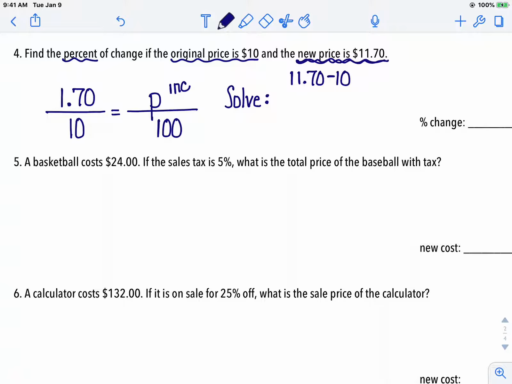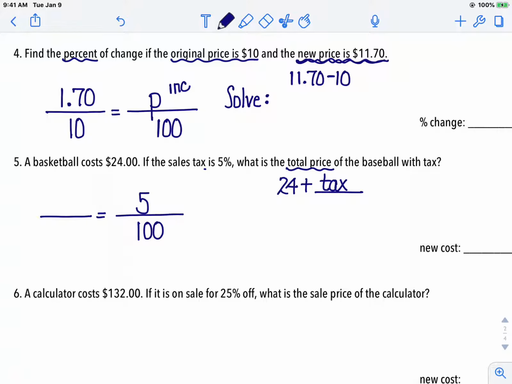Number 5, it tells you what a basketball costs. That's without the tax. So sales tax is 5%, and they want the total price. So total price is going to be $24 plus, or increased by, the tax. So the tax is an increase amount that we have to find first. We know it's 5% tax out of 100.